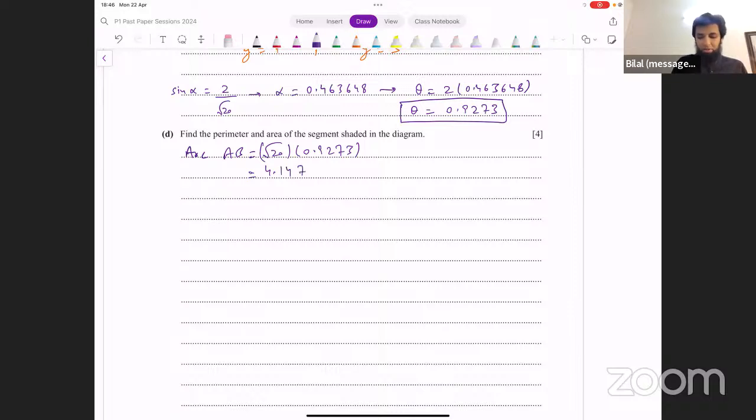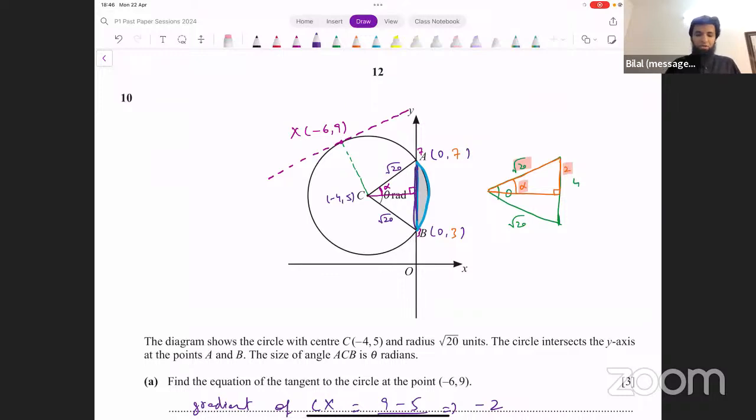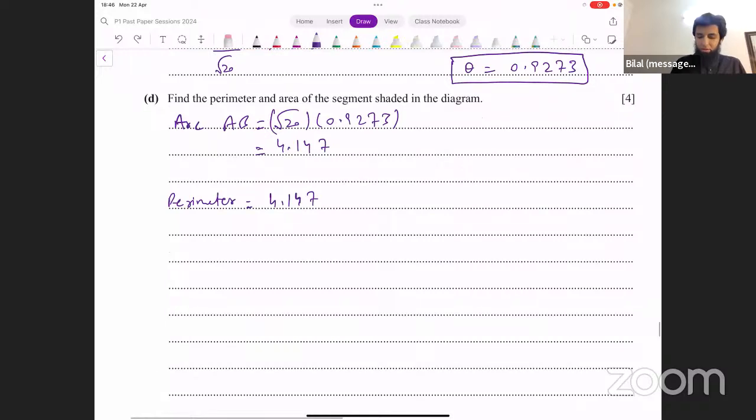Okay, that's arc AB. Now, what about the perimeter? 4.147, that's the arc length. The other boundary is that straight line, that's 4 units. So you add 4 to that. The perimeter becomes 8.147. That is one thing that we were looking for.